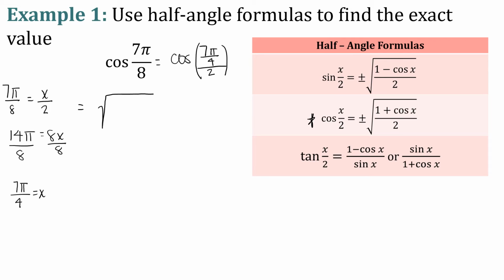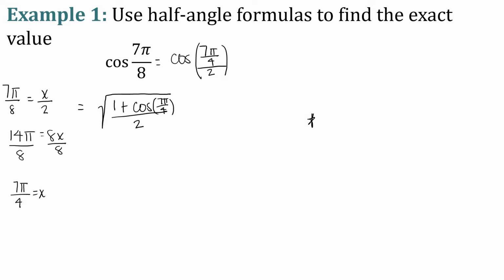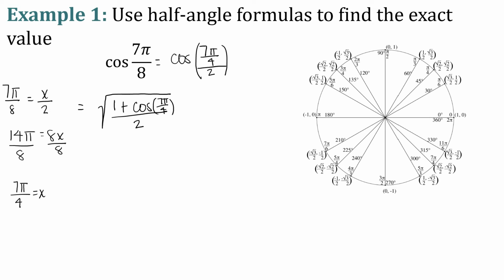Square root of 1 plus cosine of 7 pi over 4 all over 2. Now let's look at our unit circle to know if we need to use a positive square root or a negative square root. So I see 7 pi over 4 is down here in quadrant 4. Cosine is my x value, it's positive, so I'm going to remain with the positive square root.